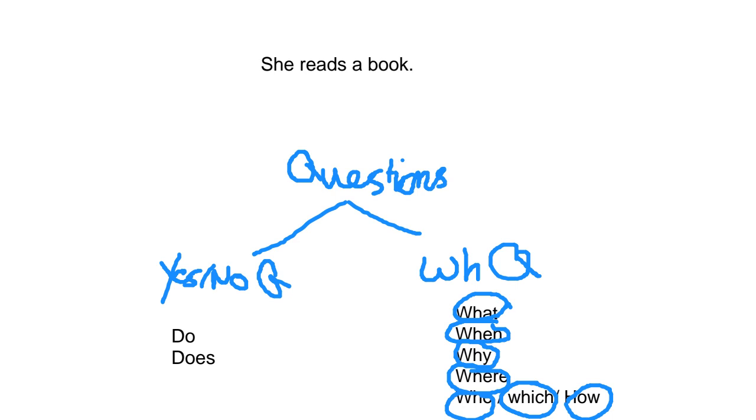So here we have a sentence. This sentence is present simple. We want to ask about what she reads. We want to ask about this thing. So how will the question look like? So I write the question here. Book is a thing.